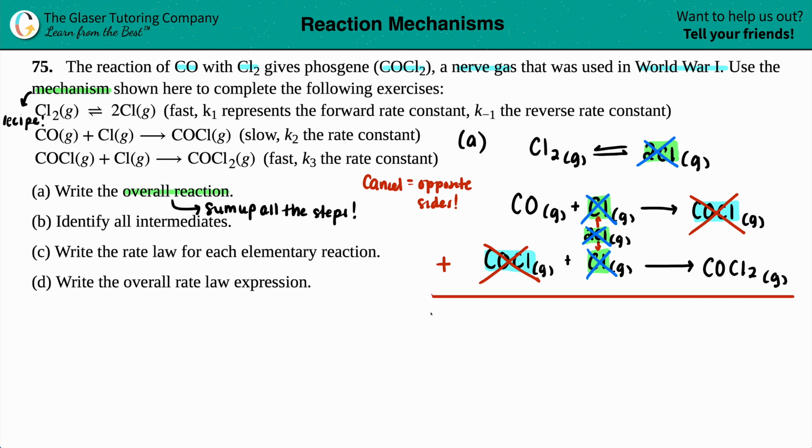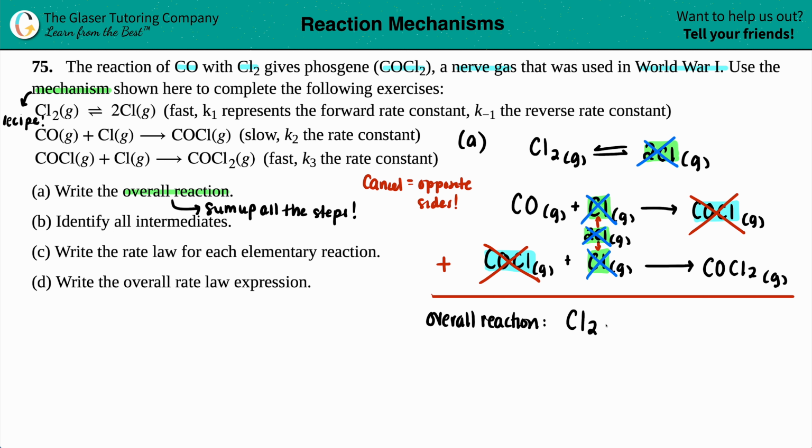The overall reaction is you just add up everything on the left side and then yield it to everything that's remaining on the right side. Doesn't matter which one you say first, so I just like to work from top to bottom.